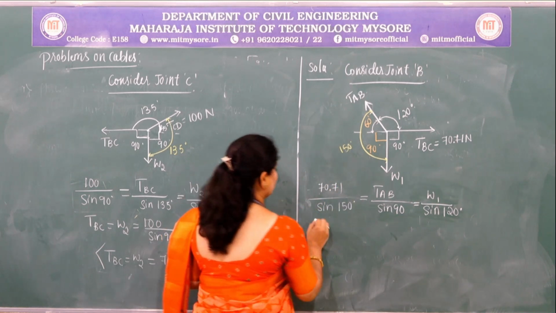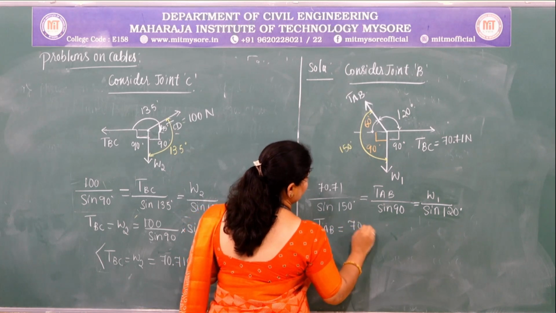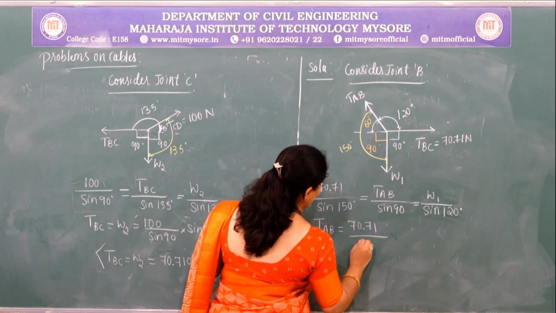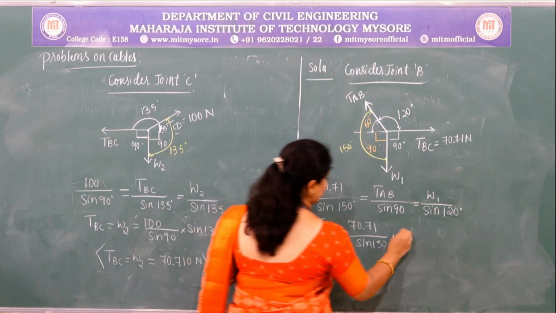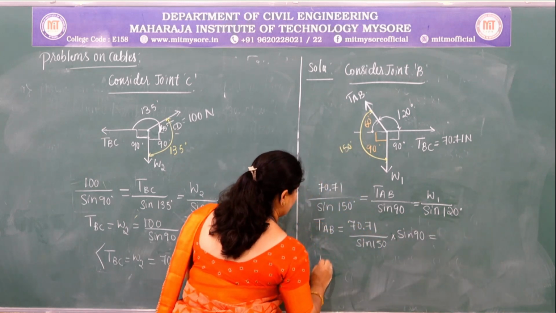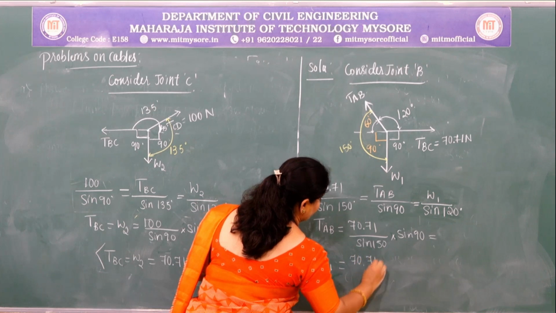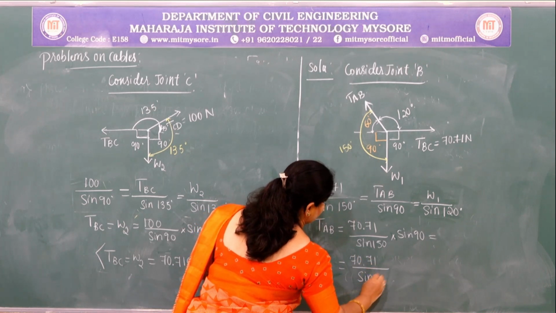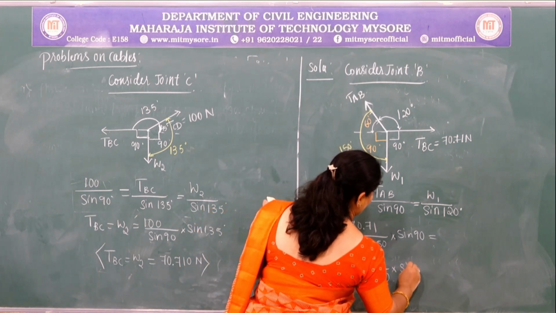Now solve for TAB and W1. So TAB will be equal to 70.71 divided by sine 150 multiplied by sine 90, and W1 will be equal to 70.71 divided by sine 150 multiplied by sine 120.